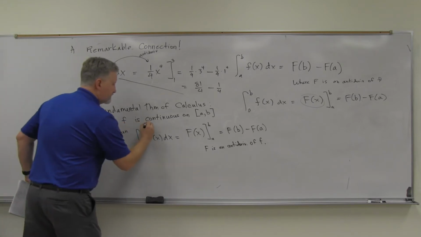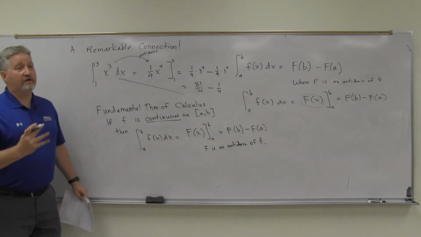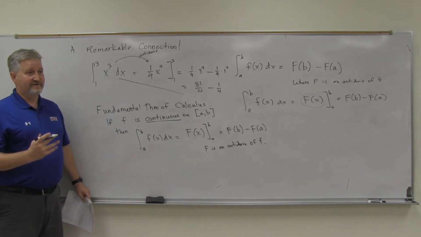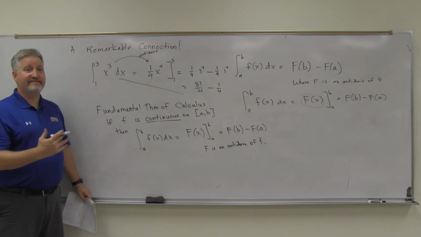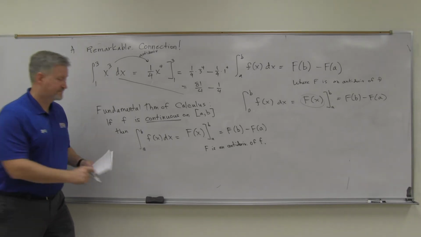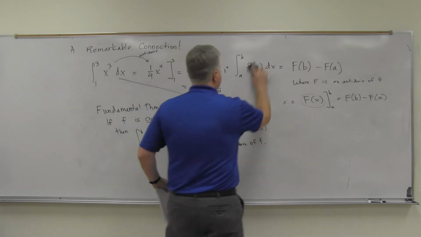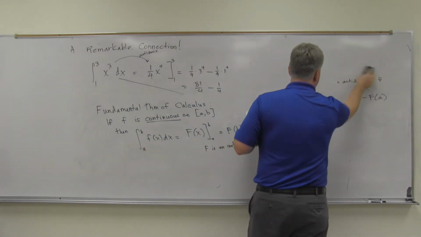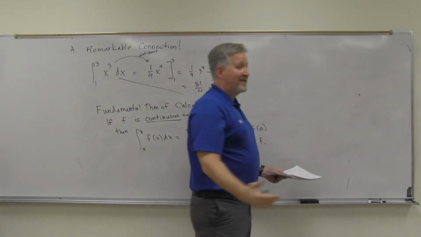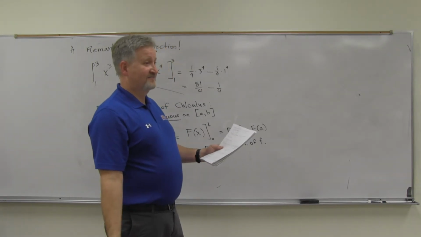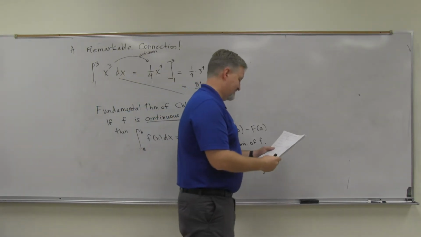But note, this only works if f is continuous on a to b. In other words, if there's no breaks in it. So these are very easy now that we know this.